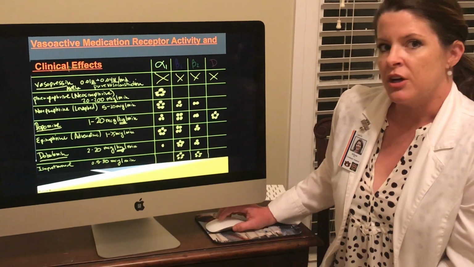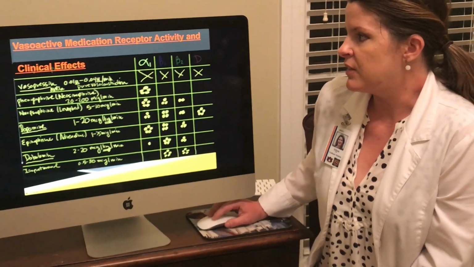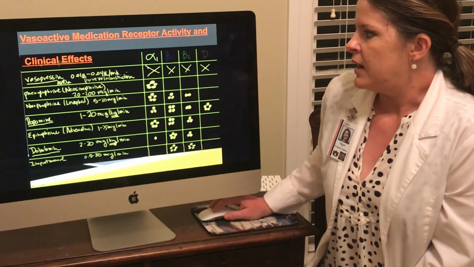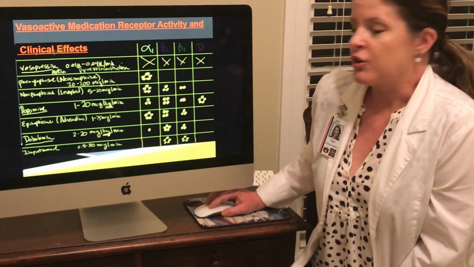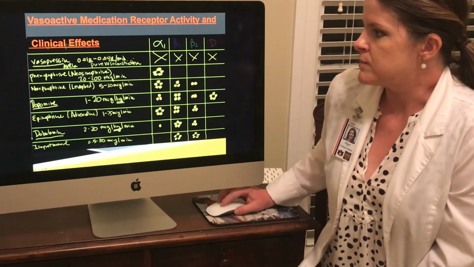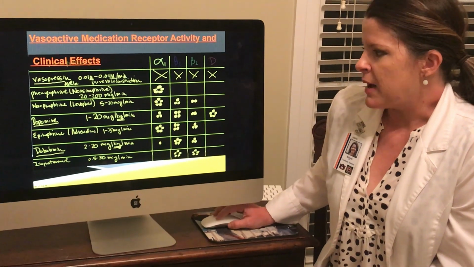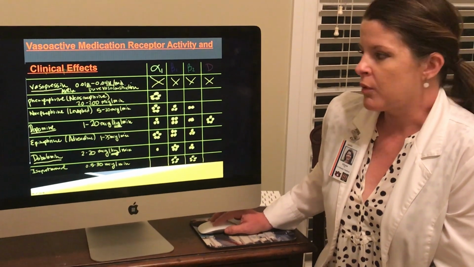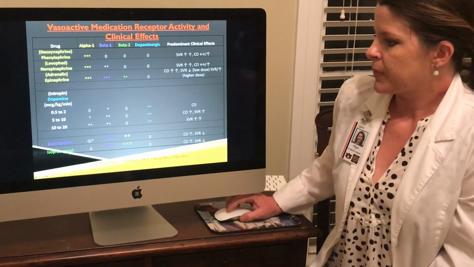Here we have the different drugs for vasopressors, and we have vasopressin, and you can see the dose. Vasopressin is pure vasoconstriction, acting on your ADH. And then we have Neo, dosed in mics per minute, and its main job is going to be your alpha-1, and we remember that alpha-1 is going to be vasoconstriction.